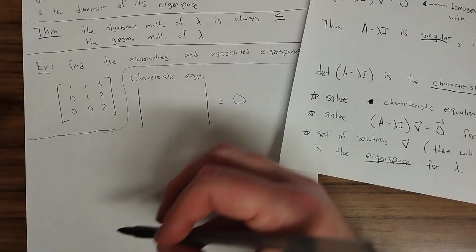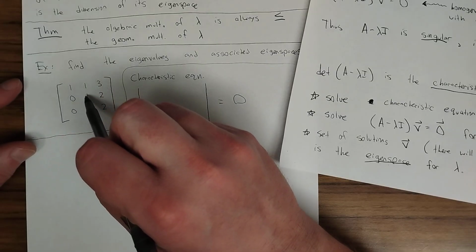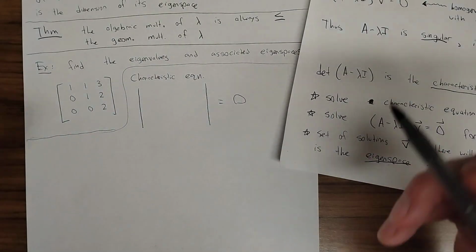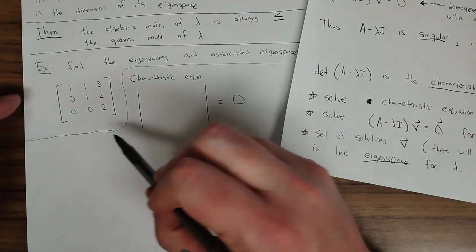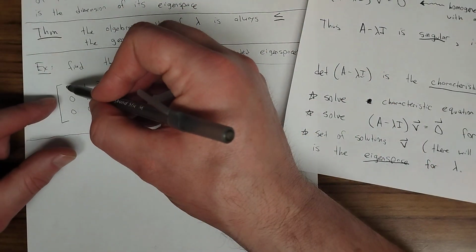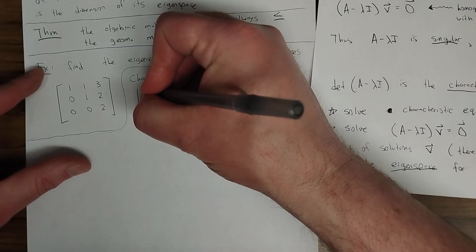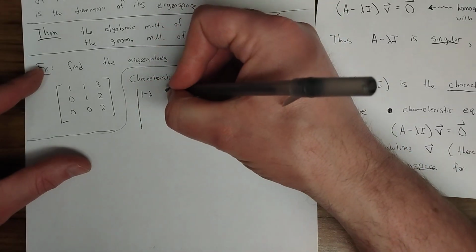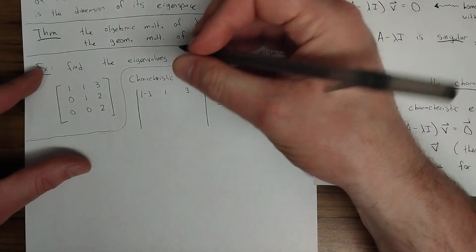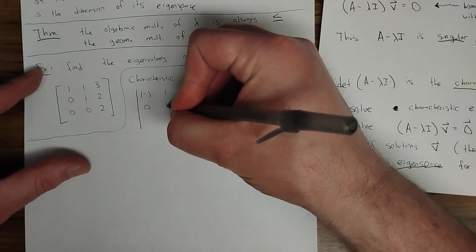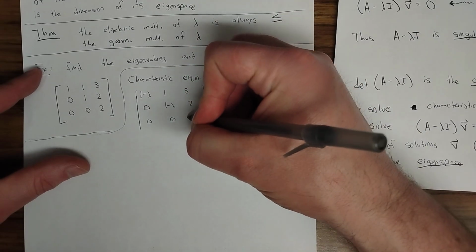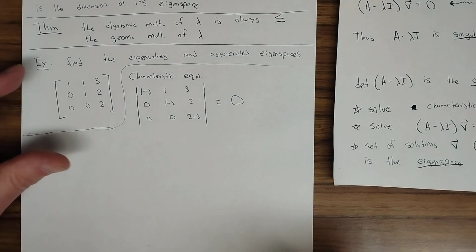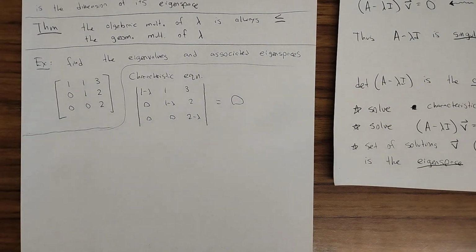So, of course, I just has 1's down the diagonal. So lambda I just has lambdas down the diagonal. So I'm going to take this matrix and I'm going to subtract lambdas down the diagonal. Okay.